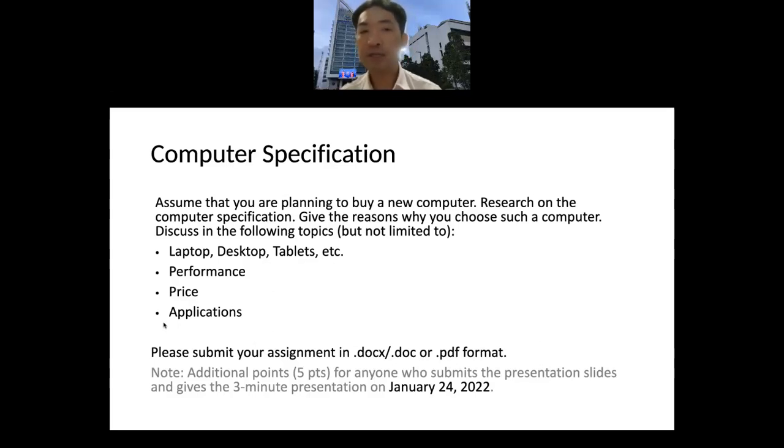Try to discuss all these things together, and you can write it in a document file or PDF. You can put some text, some images, graphs, or any reference that you might find on the internet.